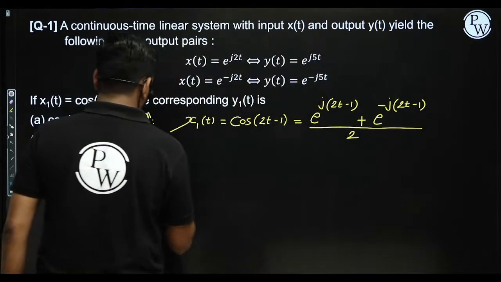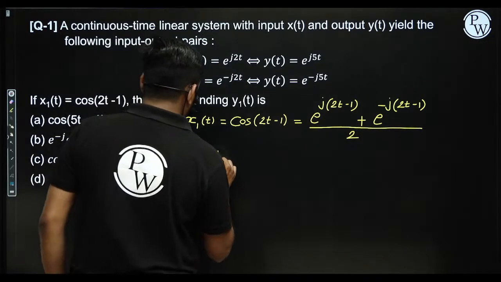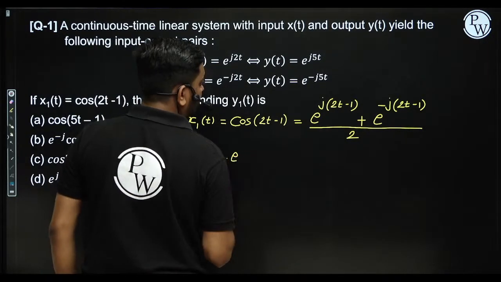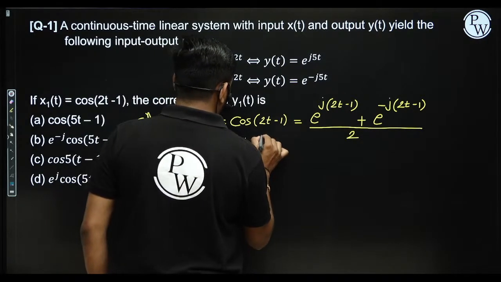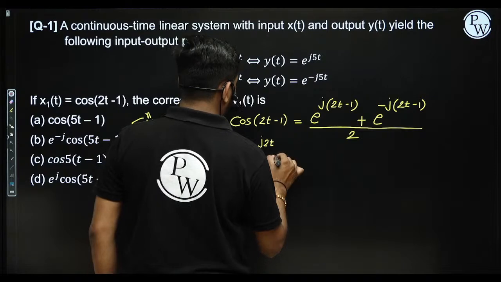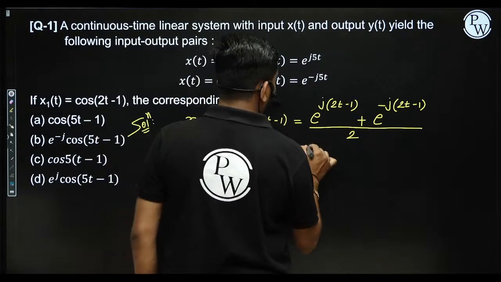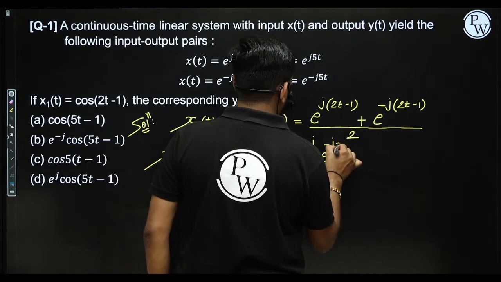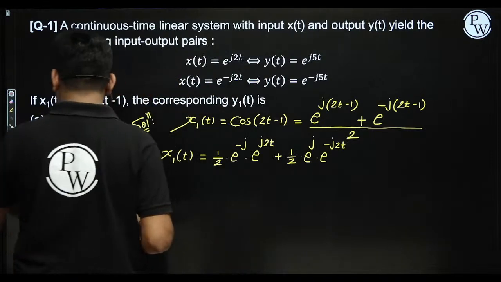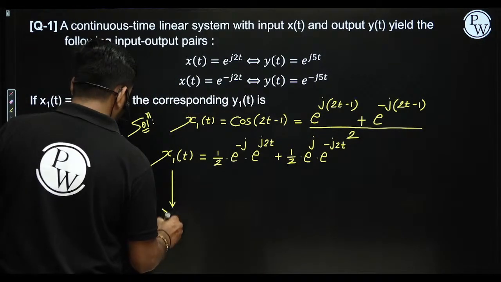So x1 of t is equal to 1 by 2 e to the power minus j times e to the power j2t, plus 1 by 2 e to the power j times e to the power minus j2t. Okay, and for this I am finding the output y1 of t, guys. Correct?